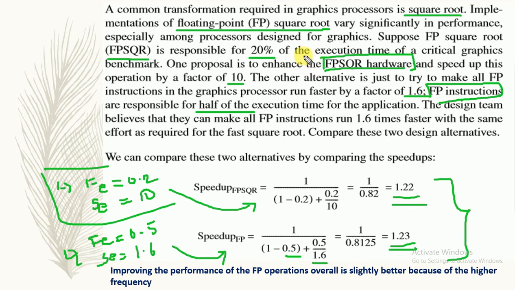He applies Amdahl's law, and based on these constraints, gets the speed up for both situations. Accordingly, he finds that the speed up due to the enhancement on all the FP instructions is slightly better: 1.23 is better than 1.22. So Amdahl's law can be applied for comparing the design alternatives of two different computer systems.